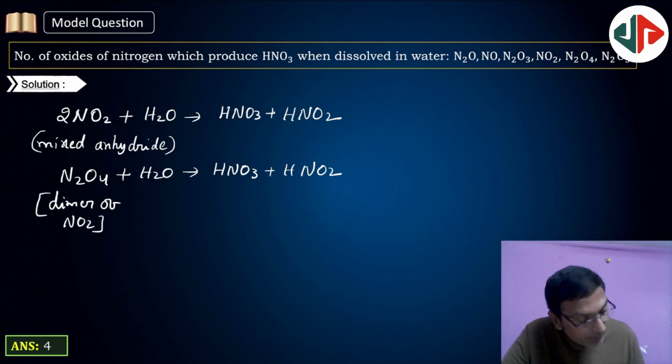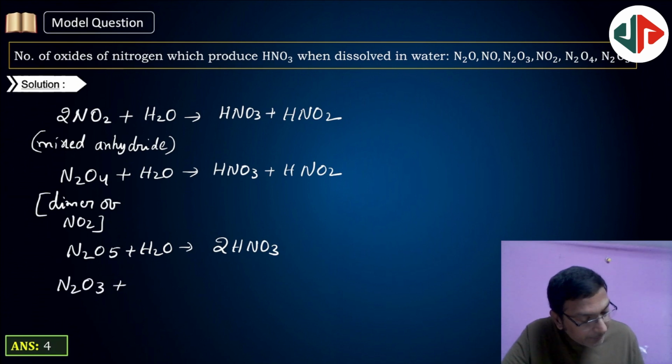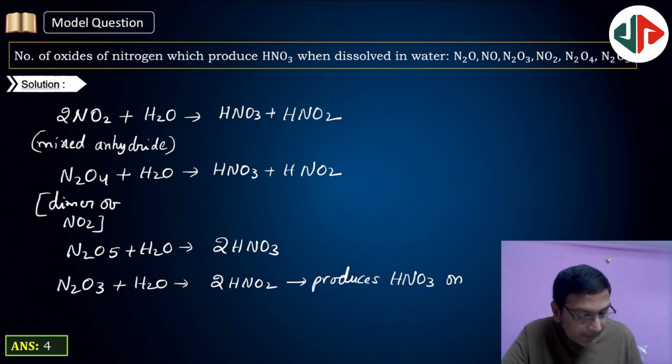Next, N2O5 plus H2O gives 2 moles of HNO3. Next, N2O3 gives 2 moles of HNO2, and this produces HNO3 on disproportionation.